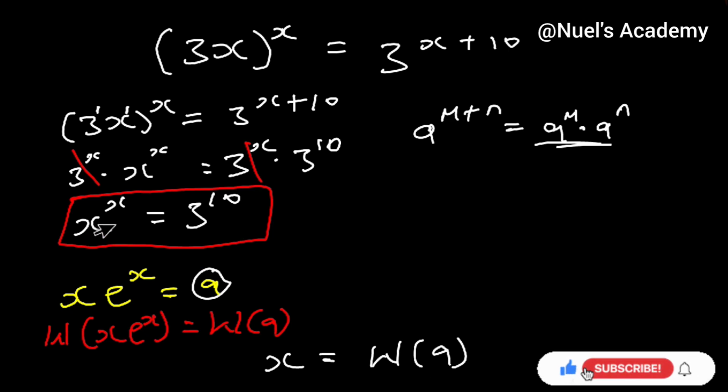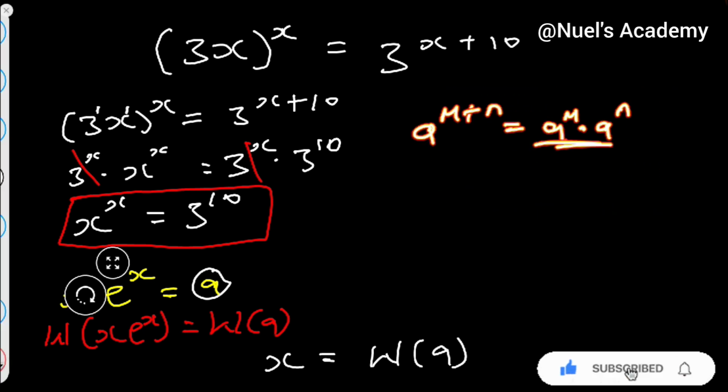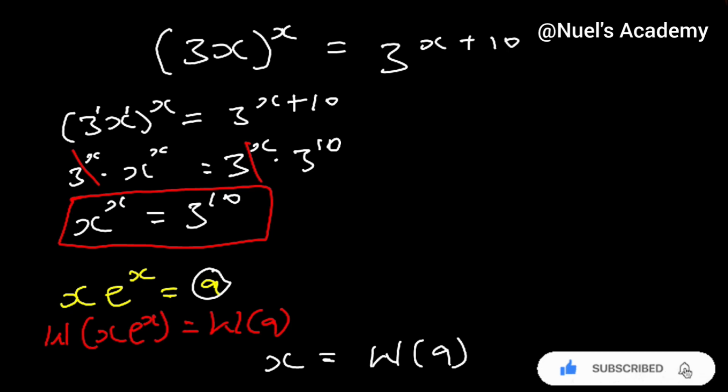So let's go ahead and write this equation in the form of x e^x equal to a. When we achieve that, we now apply the Lambert W function to it. So let me wipe this side of the screen. And so we're going to have x^x is equal to 3^10.